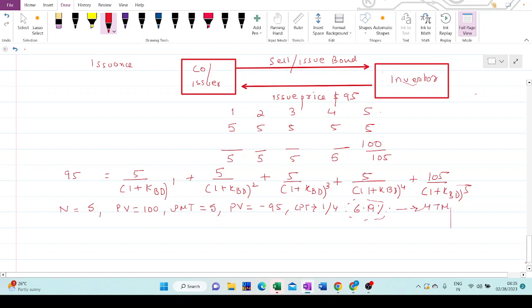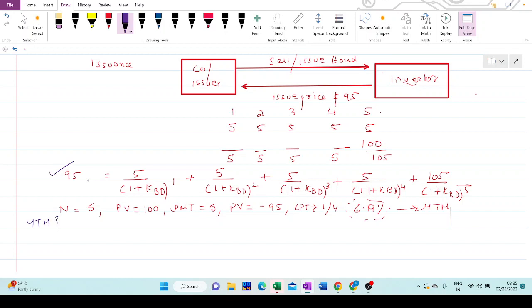Now, what is yield to maturity, guys? Any idea what is the yield to maturity of the bond? It means what is the return we are getting for holding the bond for the 5 years? So, if the investor were to buy this bond today at $95 and hold the bond till its maturity, he will make a return of 6.19% per annum. Right. So, please write this down.